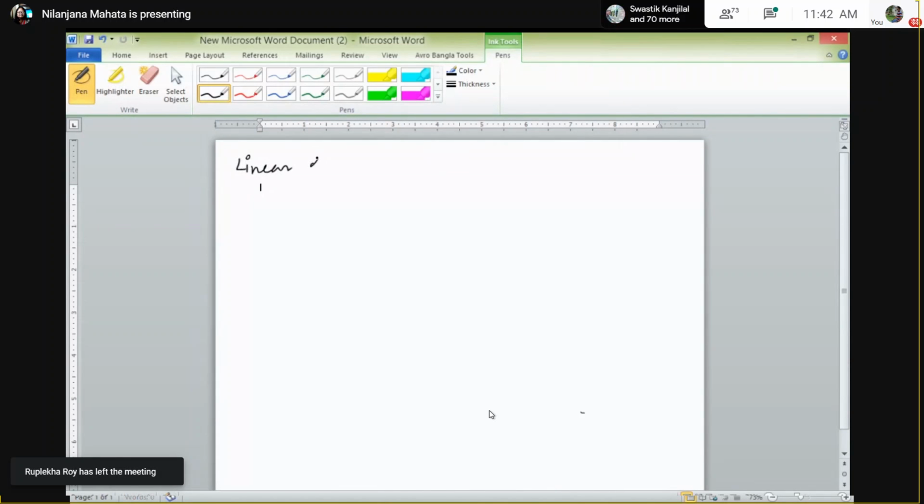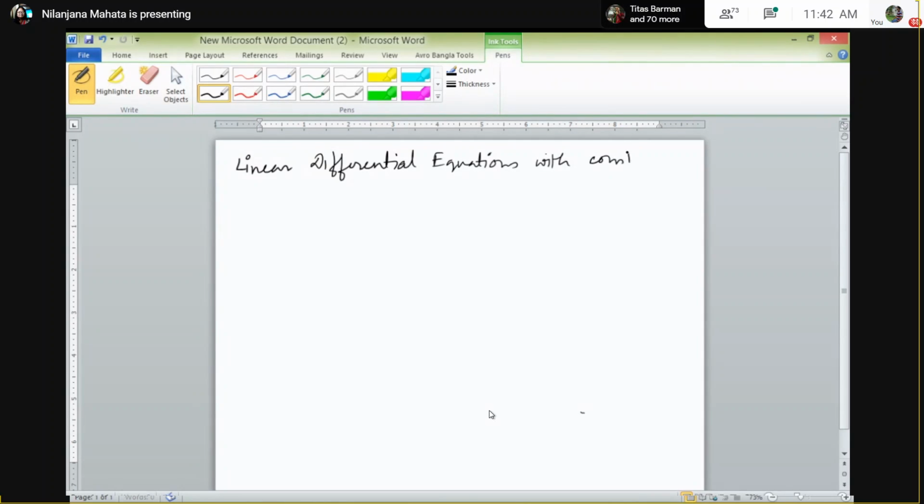Linear differential equations with constant coefficients.